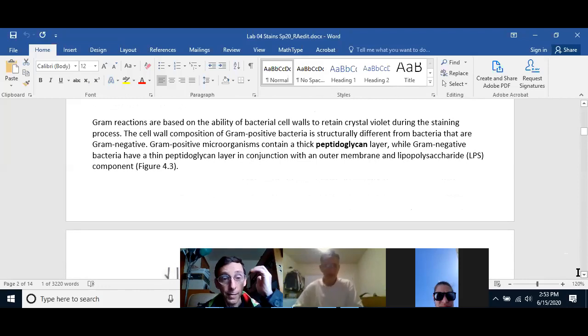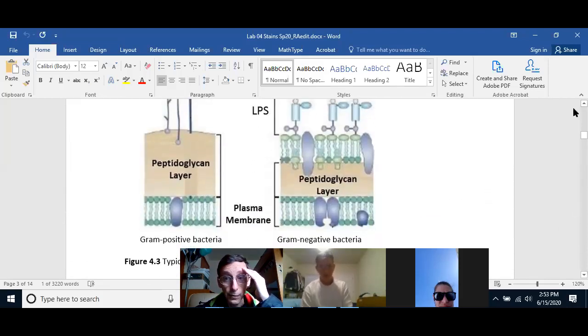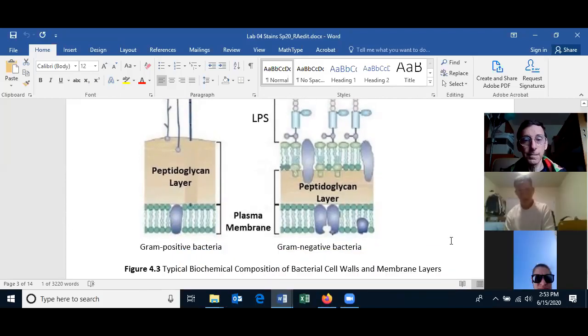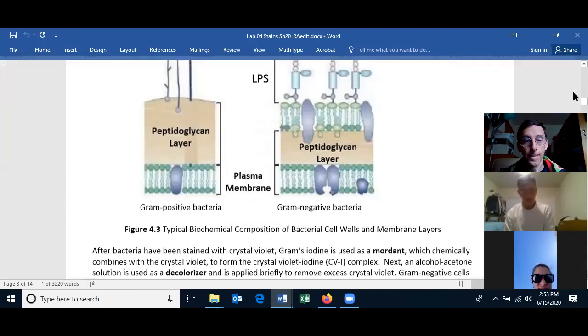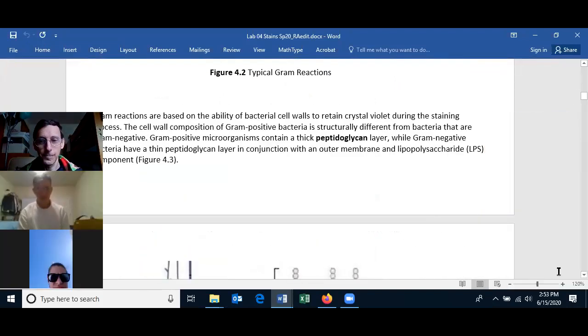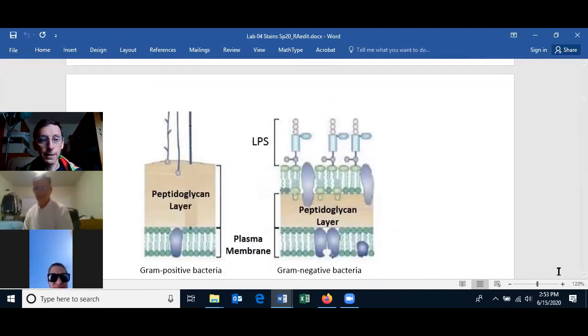And I mentioned the gram positive reaction is based upon the thickness of the peptidoglycan layer. So when we're looking at this, it's kind of hard to see. Let me move that out to the side there. The gram-positive cell looks like this, where there's a thick peptidoglycan layer, and I'm not entirely sure what those are.